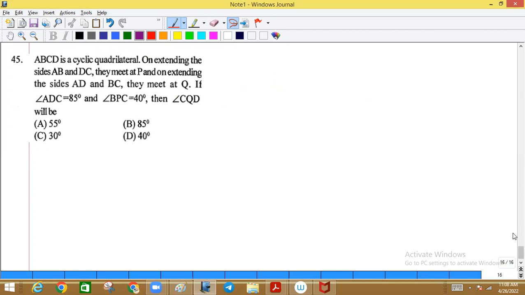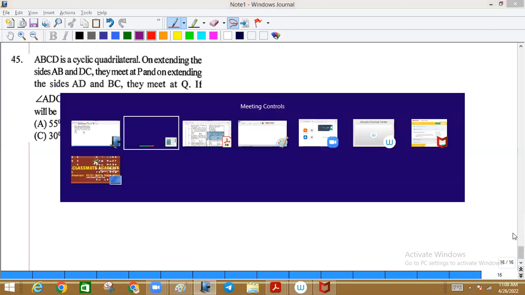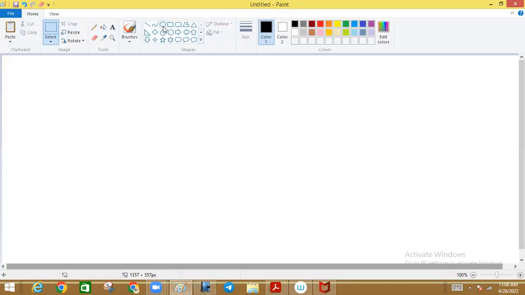ABCD is a cyclic quadrilateral. On extending the sides AB and DC, they meet at point P, and on extending the sides AD and BC, they meet at Q. If angle ADC is 85 and angle BPC is 40, then how much will angle CQD be? This is the most frequently asked question. Even in the previous type 1 and type 2, the same question was asked.